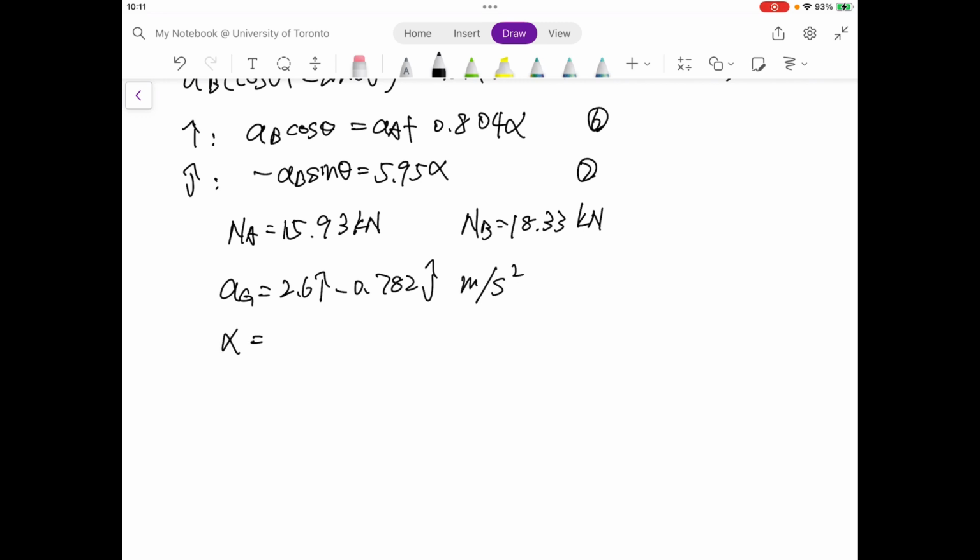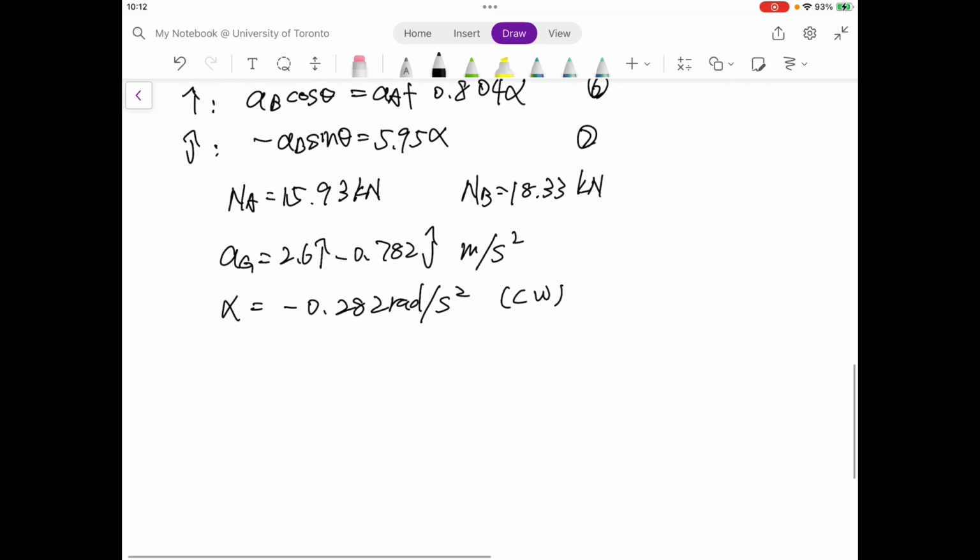Alpha is equal to negative 0.282 radians per second square, counterclockwise. a_A is equal to 3.13 meter per second square. a_B is equal to 3.36 meter per second square.